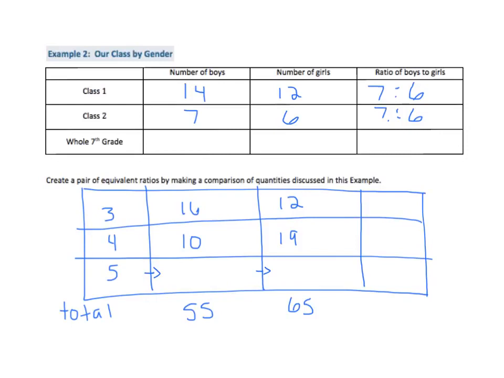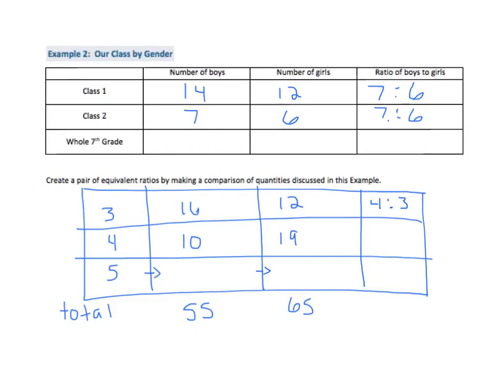All right, hopefully for class 3, you wrote 16 to 12, but reduced it's 8 to 6, and then we could reduce even further to 4 to 3. So that means it's telling us for every 4 boys, there are 3 girls. And in both classes 1 and 2, there were more boys than girls. So this makes sense.